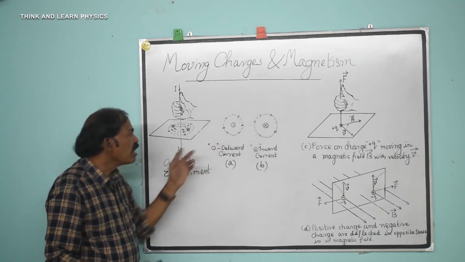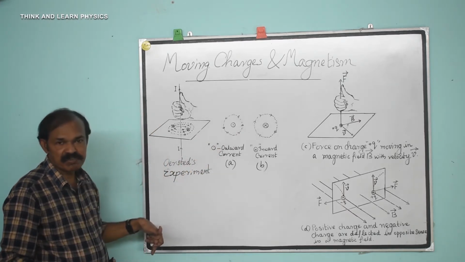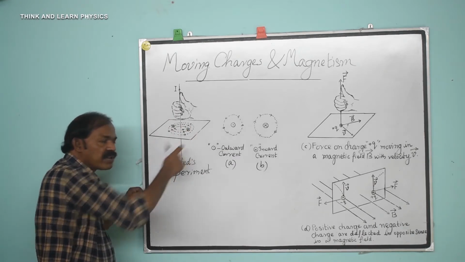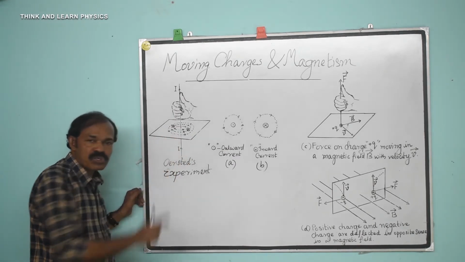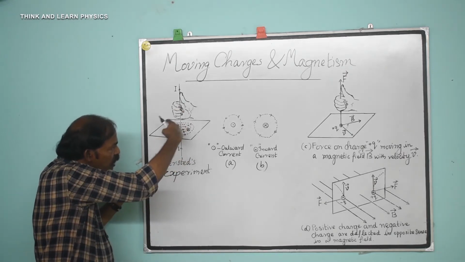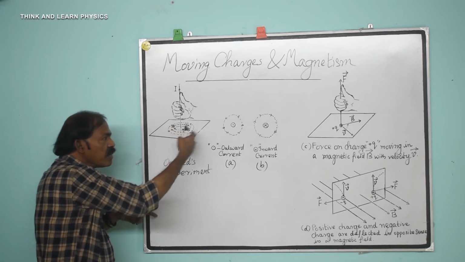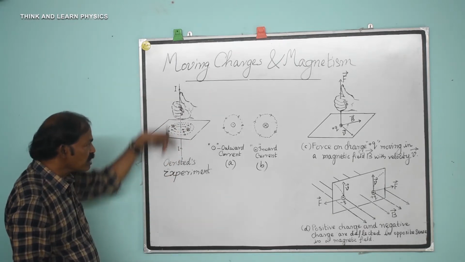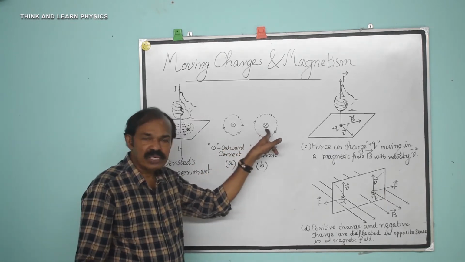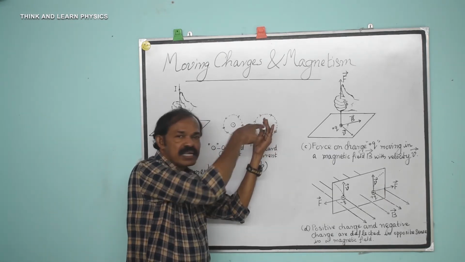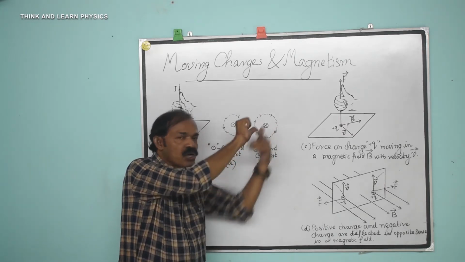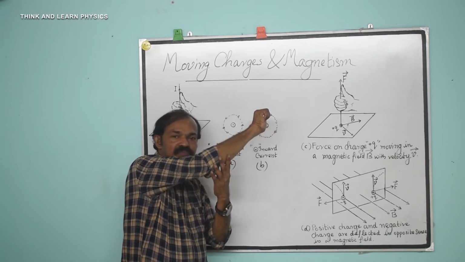Similarly, if the direction of the current is reversed, that means if current passes in the downward direction, then the arrows of the magnetic field will be in the opposite sense. Here, as we view from the top, this will be anti-clockwise, and if the current is reversed, this will be clockwise, like this. Here, current passes in this direction and the magnetic field due to the current will be in this direction, as shown by the curled fingers, like this.